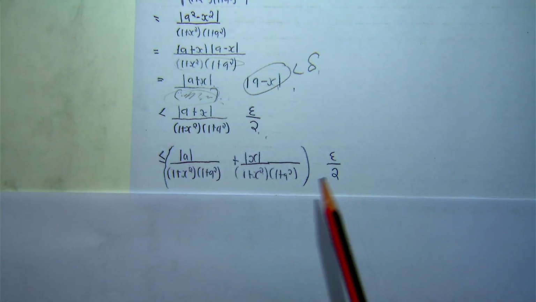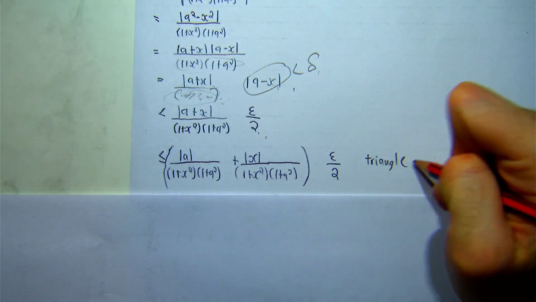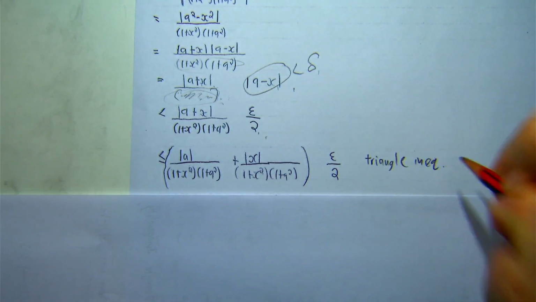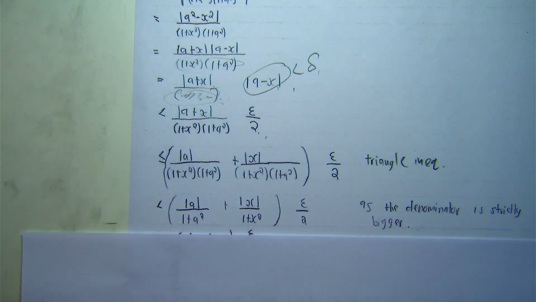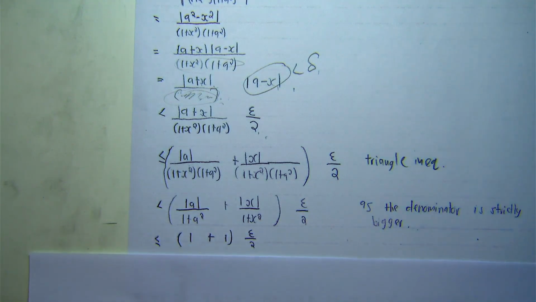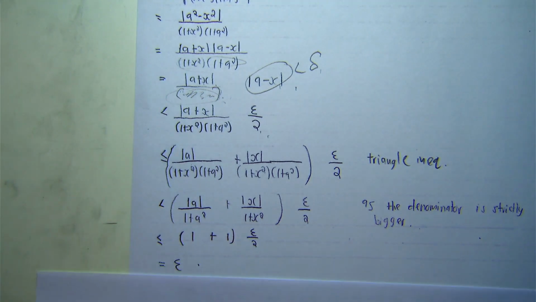And then we use our triangle inequality. Just put that there. And then we have this. And like I said before, that is less than or equal to 1, which gives us this.